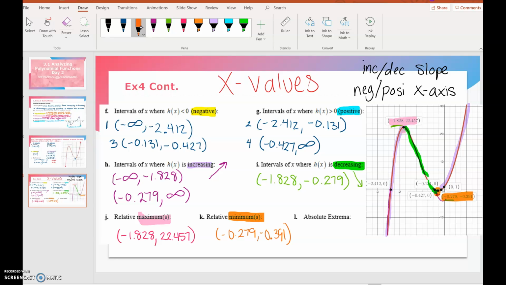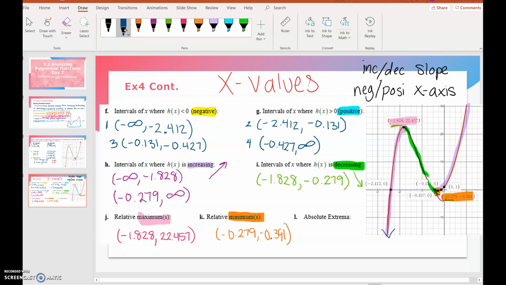Again, we are just looking for a point where, for the max, it's increasing and then decreasing, and for the minimum, decreasing to increasing. And then the absolute min and max points are where the actual highest point or lowest point is. So if we look here, where's the absolute lowest point?